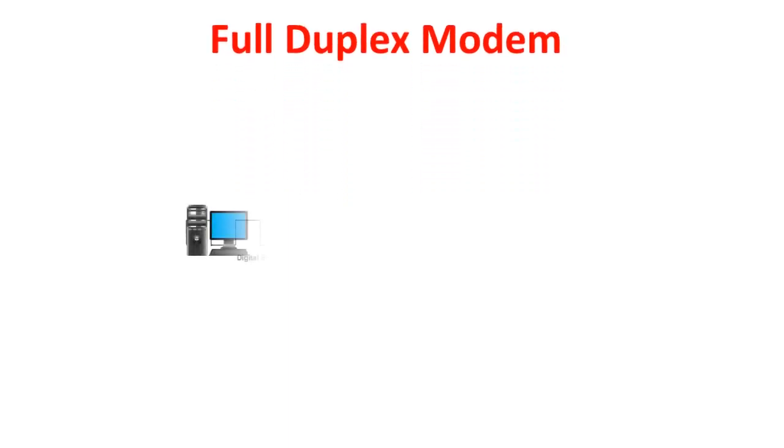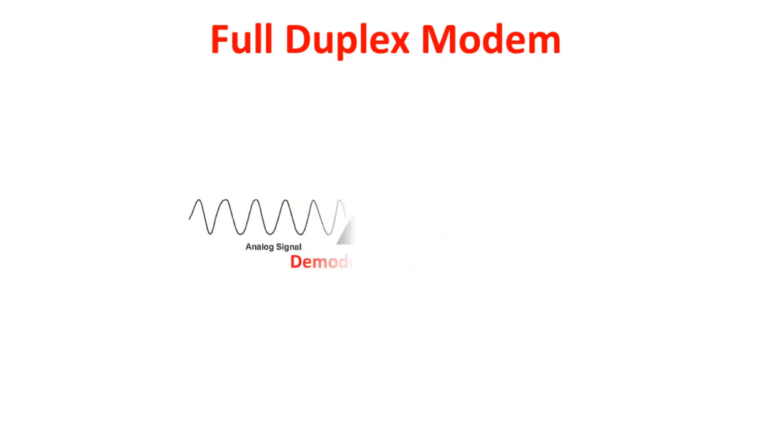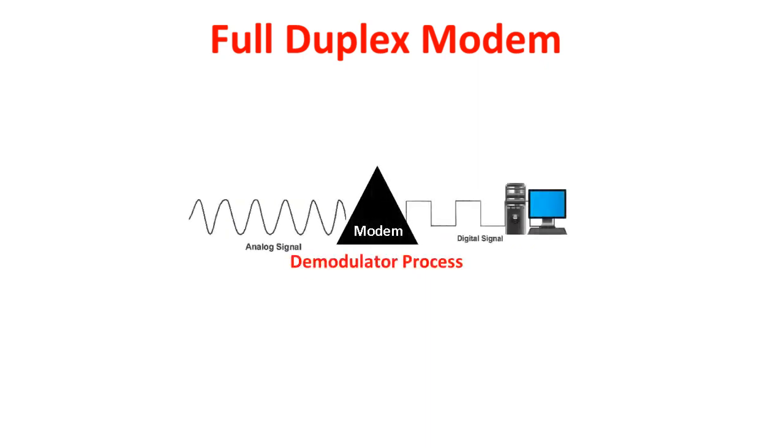Full duplex modem. The full duplex modem is different from the half duplex modem. It can transmit data in both directions simultaneously at the same time, unlike the half duplex modem that we have discussed before. It transmits data from digital device to network setup using the modulator process, that is digital data into analog signal, and from the network setup to the digital device using the demodulator mechanism, that is analog signal to digital data.